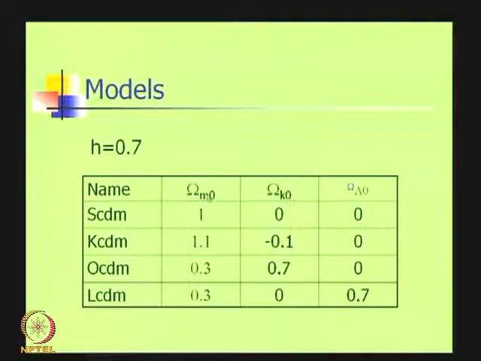So the entire subsequent discussion is going to be in the context of these 4 cosmological models. We have given them names. Okay, so I will request you to keep this in mind, that there are 4 cosmological models in the context of which we are going to have the discussion. The first one is the standard cold dark matter cosmological model, and this has omega matter equal to 1.